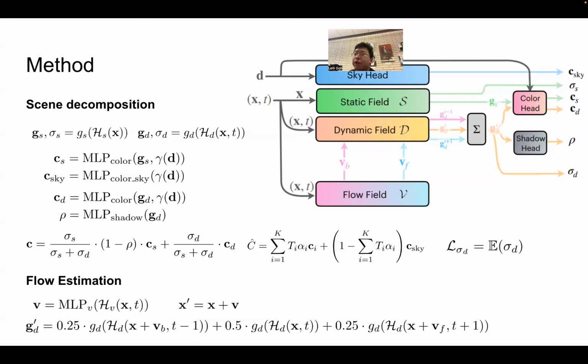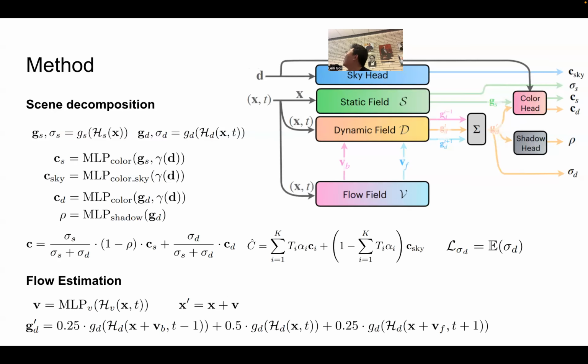It uses a hashing grid instead of the traditional NeRF, and has a shadow MLP, a color MLP, and a sky MLP. They also propose a new flow estimation module that gets better features for the dynamic field, because it encourages self-consistency between nearby frames. That's basically this paper.